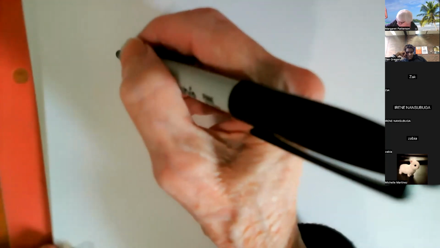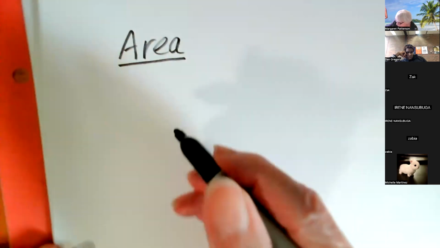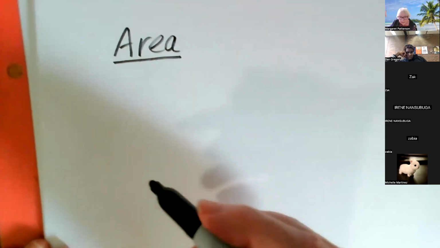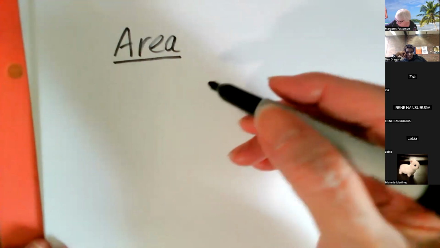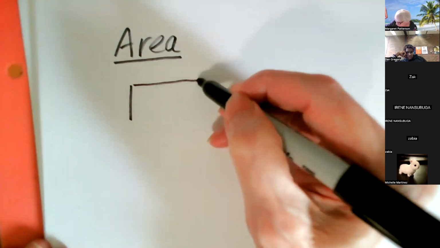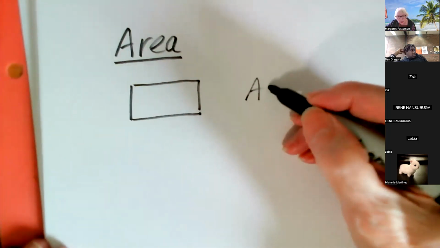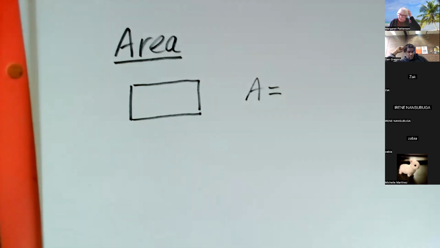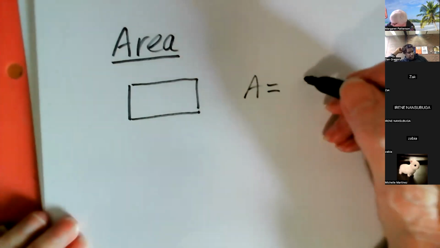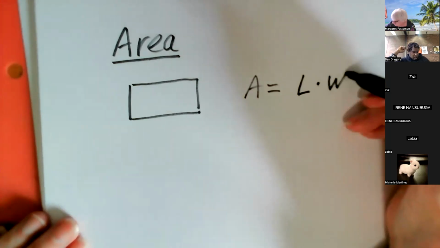Which formulas did you need? Area. This is the shape. Can anybody recall what the formula was? Hold on. Length times height.